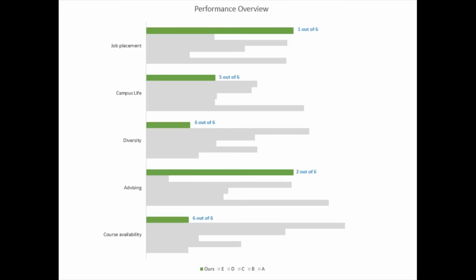And in contrast, we could look at course availability and say, oh my goodness, we're in last place. What does that mean? Why is that? How can we improve if we want to get our score up? What can we do to do that? Those are actionable questions that someone who is the consumer of the information can look at and quickly act on, instead of having to discern from the graph whether we are number 1 or number 2.